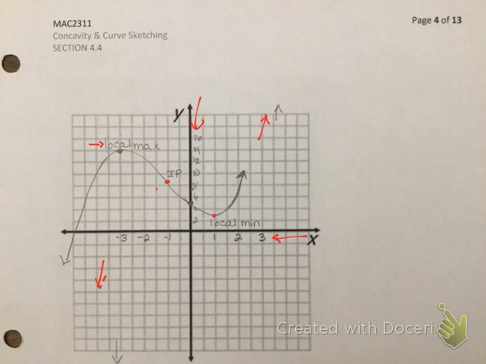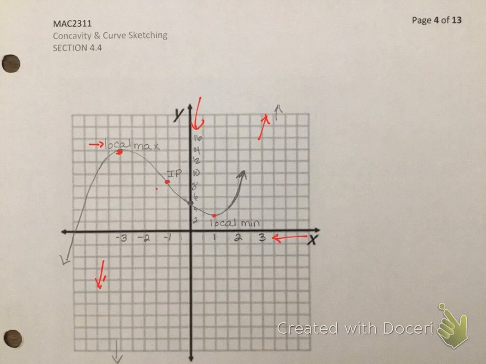Now, I need you to go back and look at those number lines that you have. This is so much harder to do online than it is in person. But I need you to go back to that page in your notes where you have those two number lines, the first and second derivative number lines drawn on top of each other.